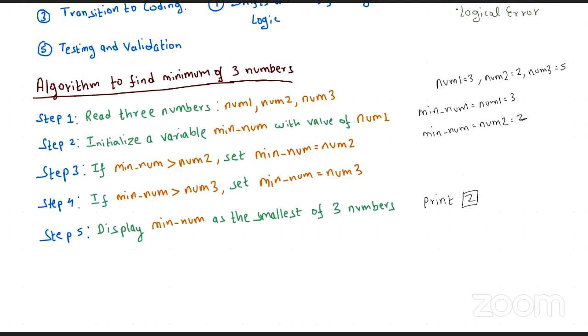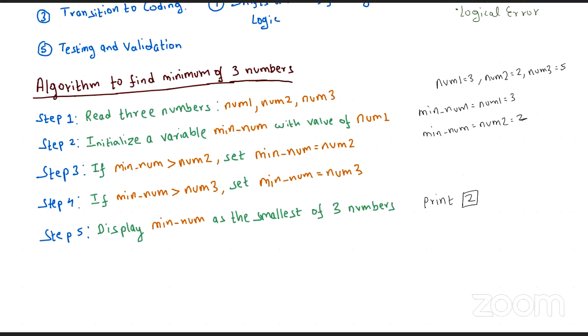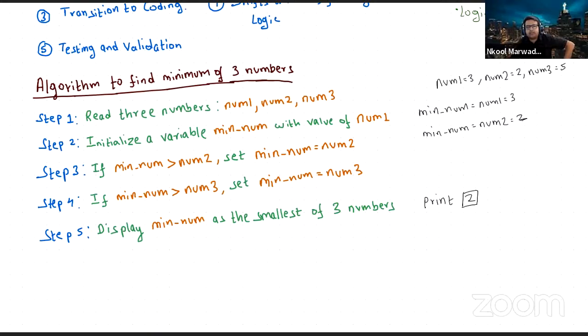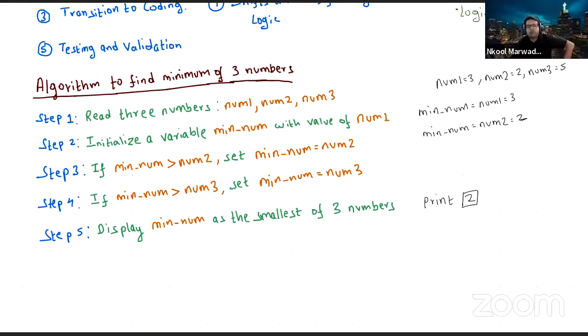Why not? Because now we are checking whether minimum is greater than num2, so minimum should be containing something. But we have to store the minimum somewhere.